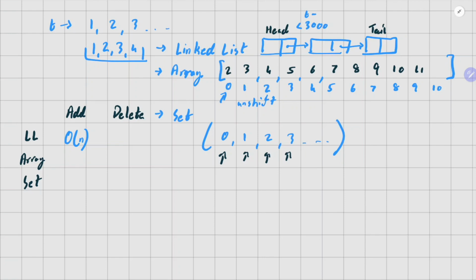The delete operation, since we're just deleting the head, will be constant time, an O of 1 operation. With an array, the add operation will be constant, because we're writing to the end. The delete operation will be an O of n operation. With a set, adding again will be O of 1, and deleting would again be O of n.